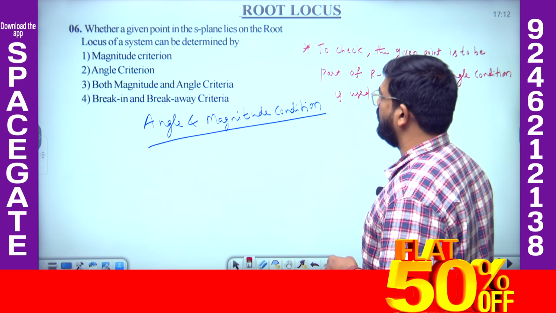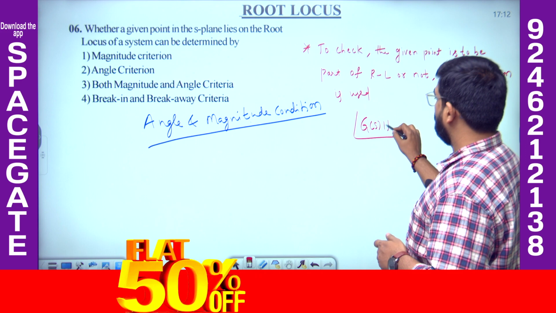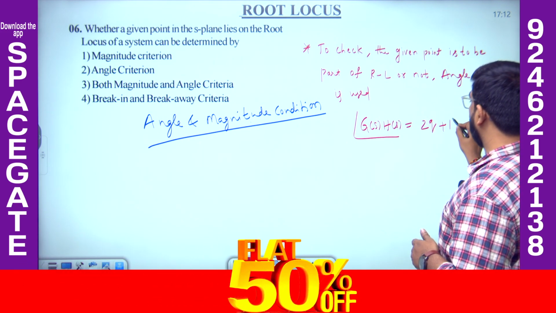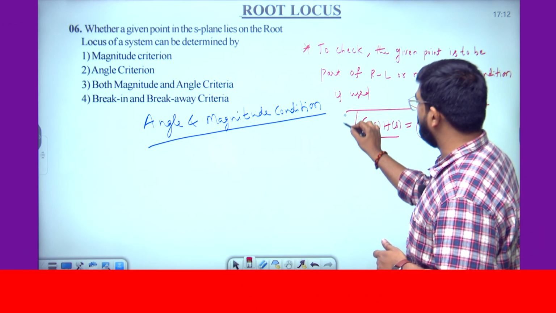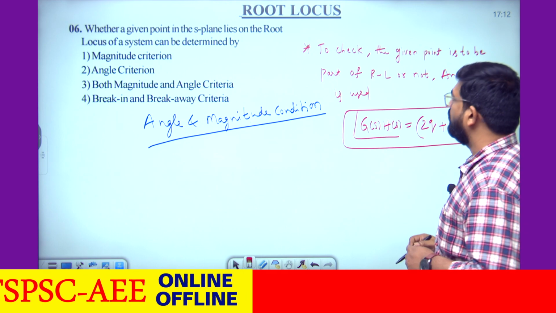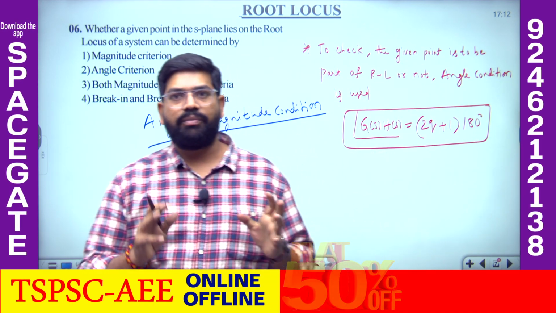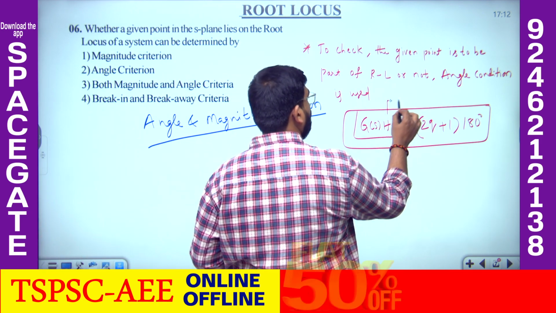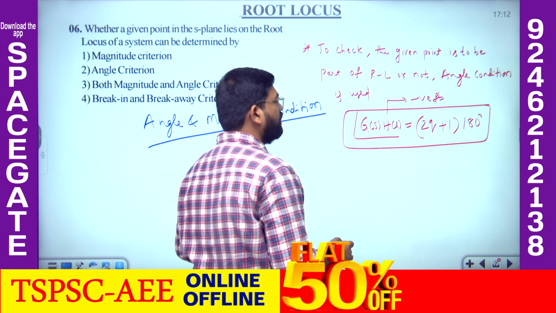So what is the angle condition? The phase angle of the system must be equal to an odd multiple of 180, that is (2q+1)·180. Then only is the angle condition satisfied, right? Angle condition means it must be an odd multiple of 180. This is for negative feedback.